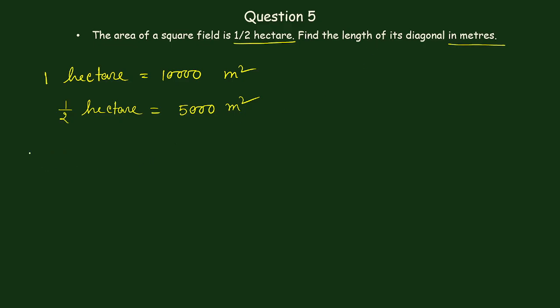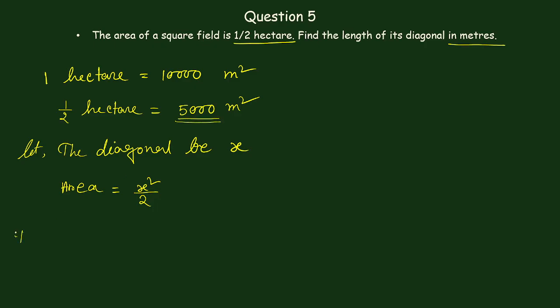Now same process, let the diagonal be x, therefore area will be x square by 2 and the area is half hectare, that means 5,000.